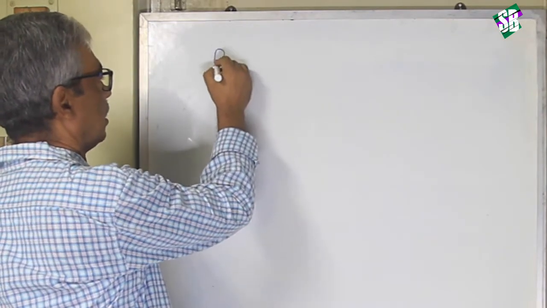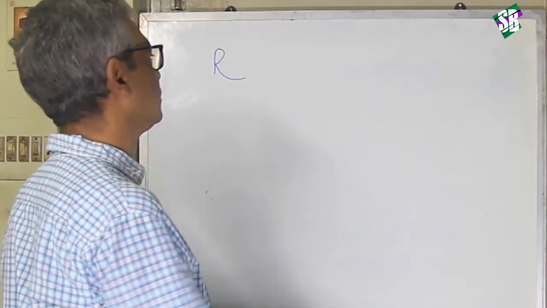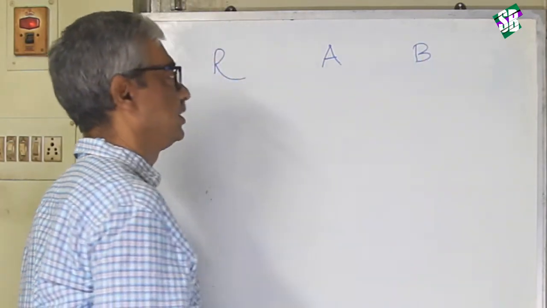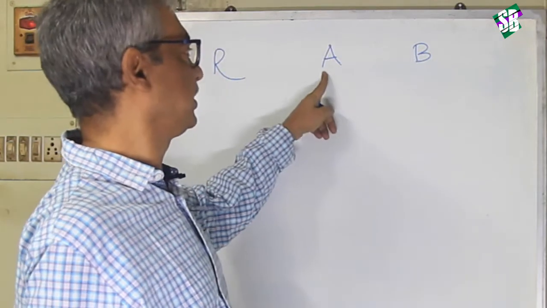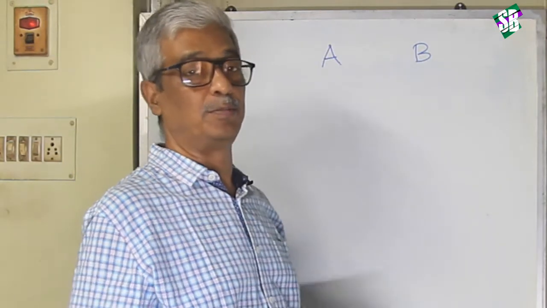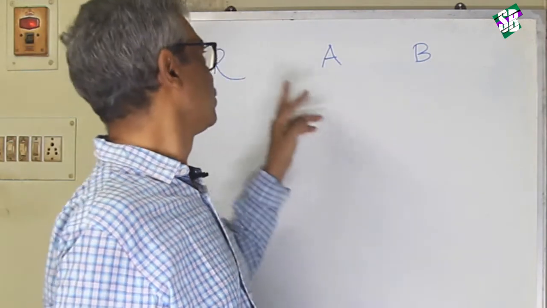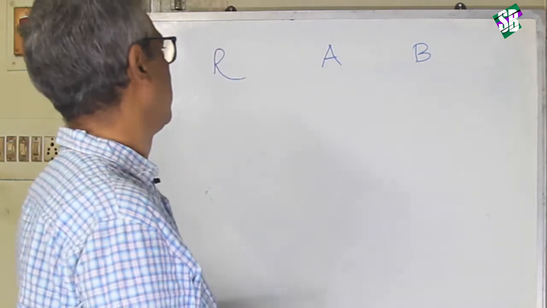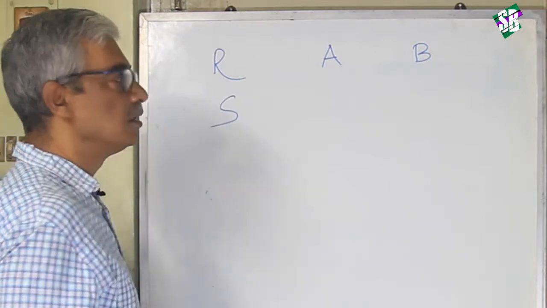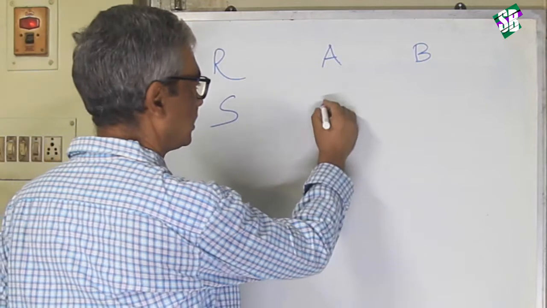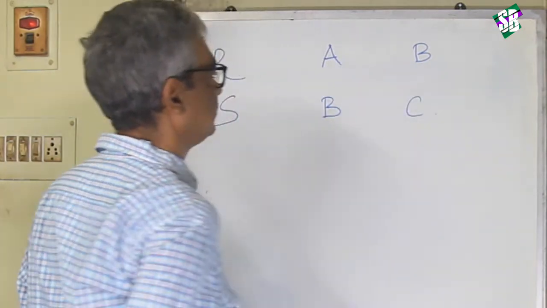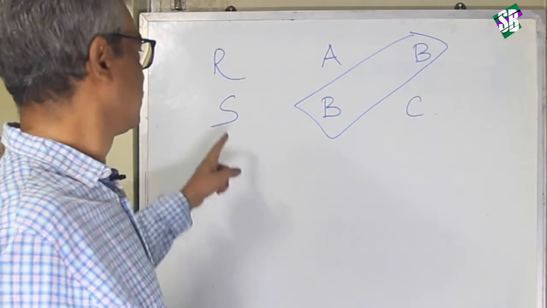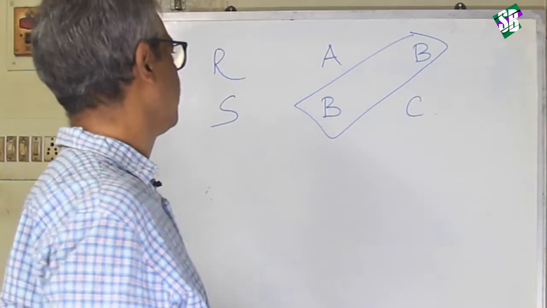Let R be a binary relation from the set A into the set B. And S a binary relation from the set B to the set C. Remember, these two sets are same. So S is a binary relation from the set B to C.